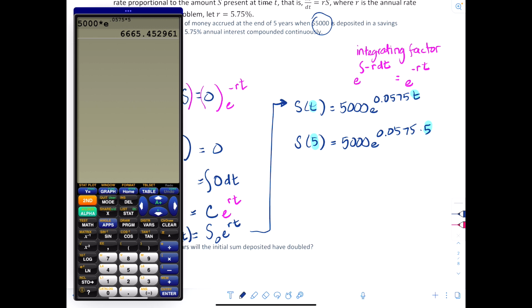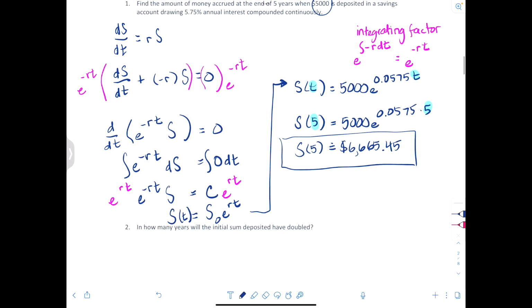And so after 5 years, we'll get approximately $6,665.45. So that finishes up part A.